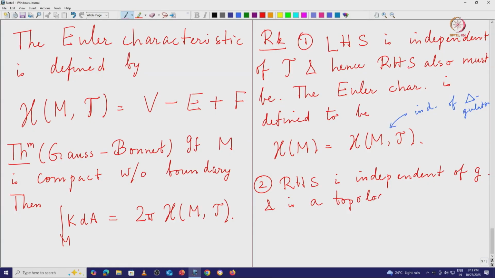So, clearly the RHS is independent and is a topological quantity, and hence so must be the LHS. So, even though the Gauss curvature obviously depends on the Riemannian metric, the total Gauss curvature turns out to be a topological quantity that just depends on the topology of M, right. So, this is quite a remarkable theorem.